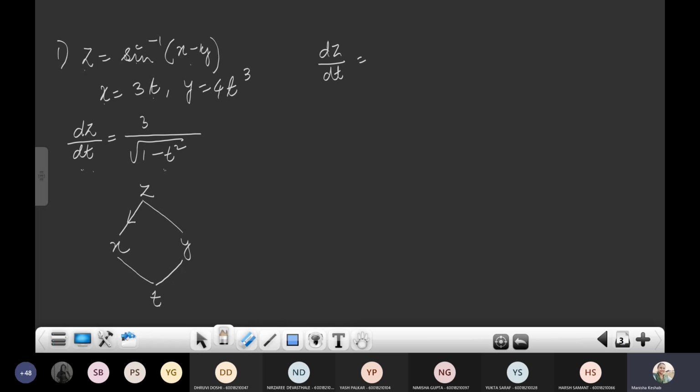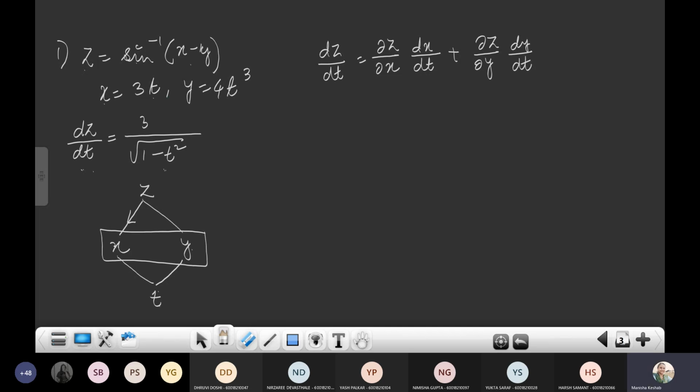Now z depends on both x and y at this level, so we will have partial derivatives: del z, del x, but then x depends on only t, so it will be dx/dt, plus del z, del y into dy/dt.